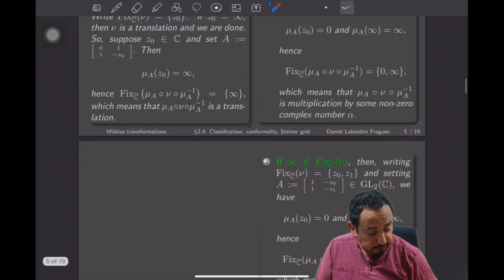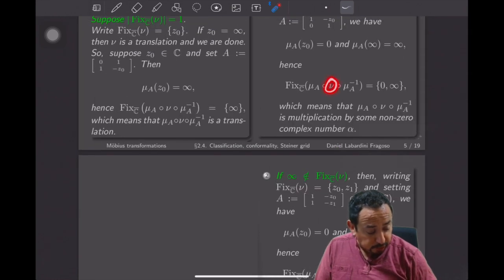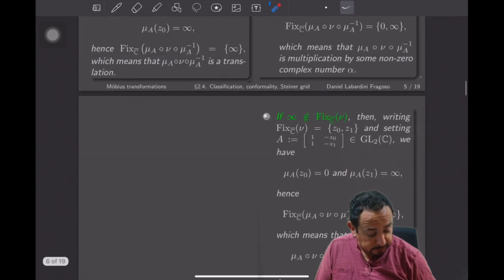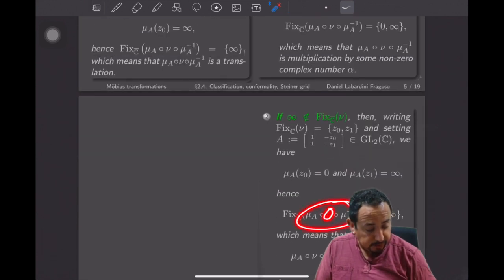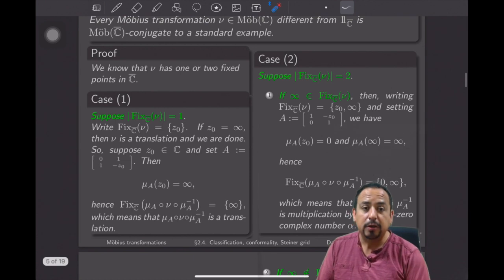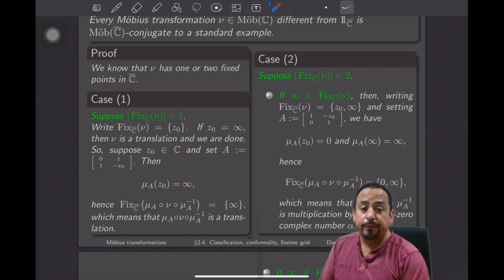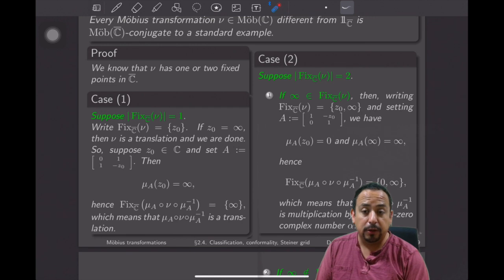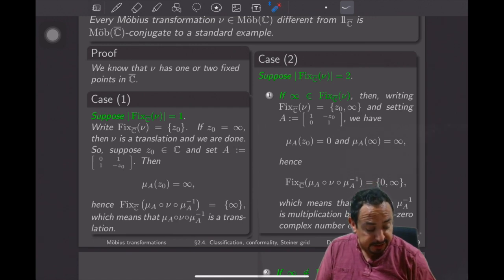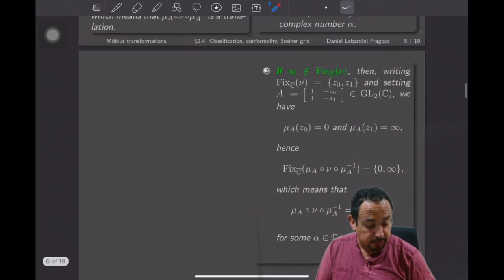And so nu is conjugate to a standard example. Right? So the strategy should be clear, and the rest is devoted to providing explicit matrices that do the job. That's all.